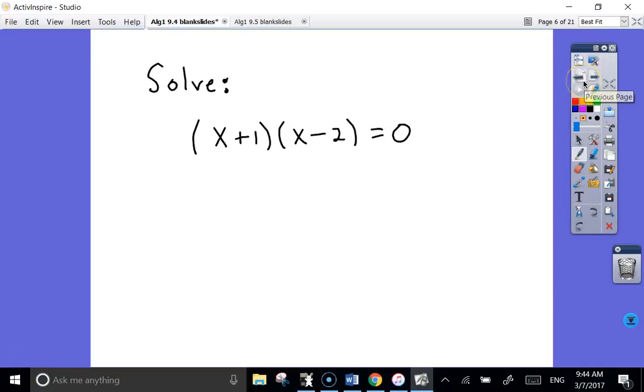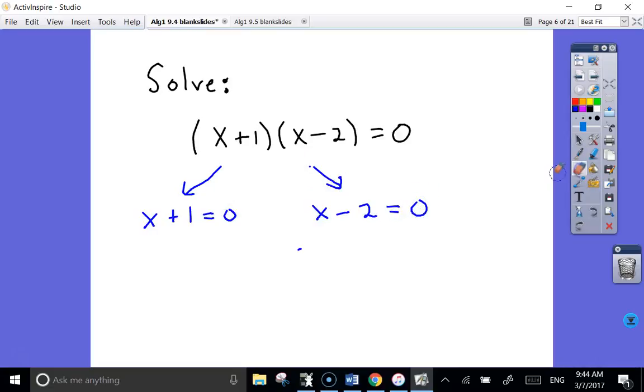So in this problem, the one I had up before, we are multiplying two factors together, x plus 1 times x minus 2. And the product is 0, which tells us that either x plus 1 equals 0 or x minus 2 equals 0. So I can write two different equations out of this, right? Either x plus 1 equals 0 or x minus 2 equals 0.